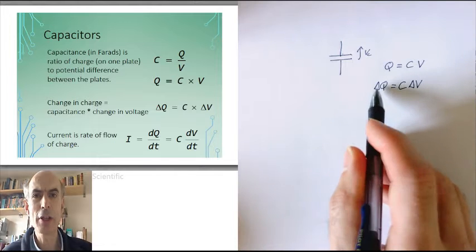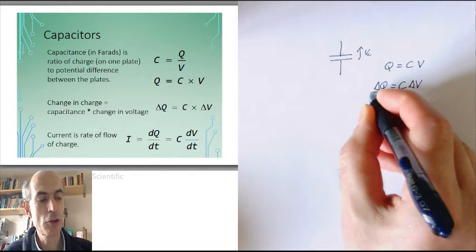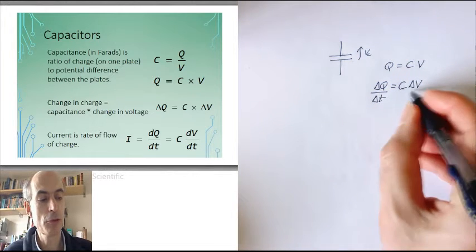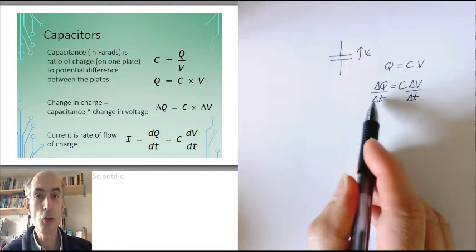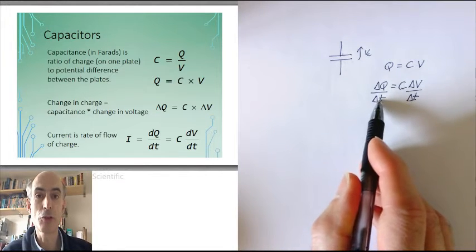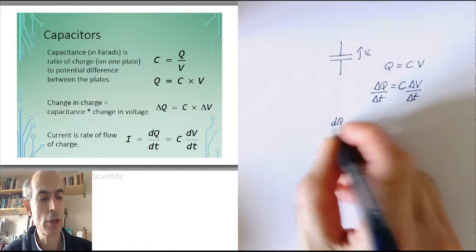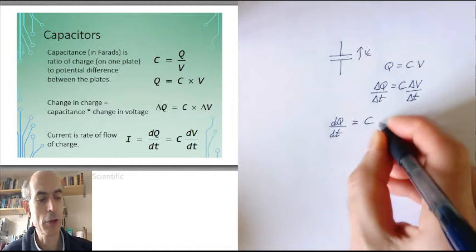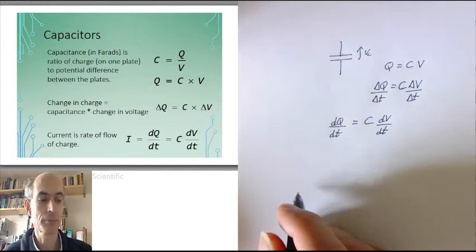And looking at the rate of change of charge, the change in charge in a small time equals the capacitance times the change in the voltage in a small time. As we reduce the small time down to infinitesimal values, this just becomes dQ/dt, the rate of change of charge, equals the capacitance times the rate of change of voltage.